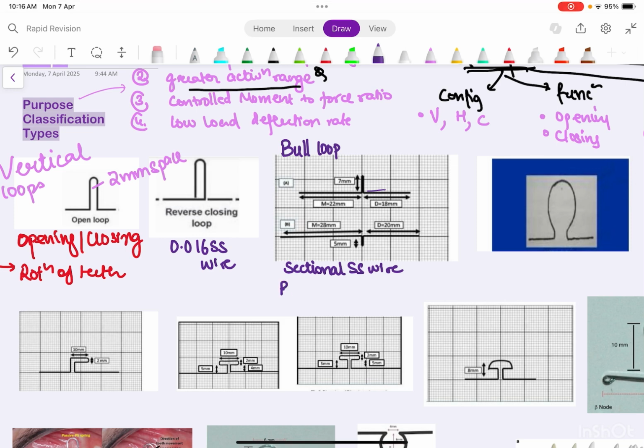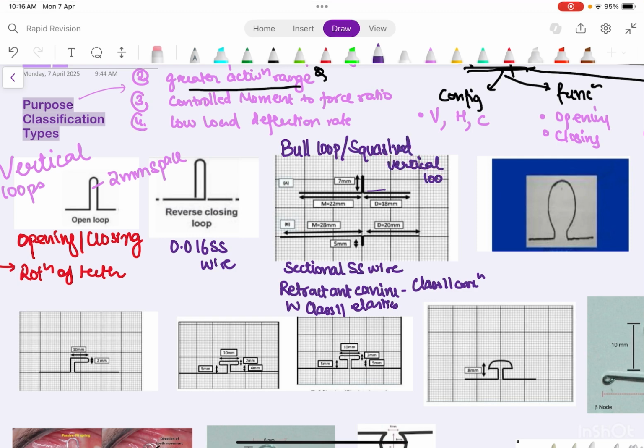It is used to retract anterior canine in class 2 correction with class 2 elastics, and it is sometimes called squashed vertical loop. It was given by Harry Bull.